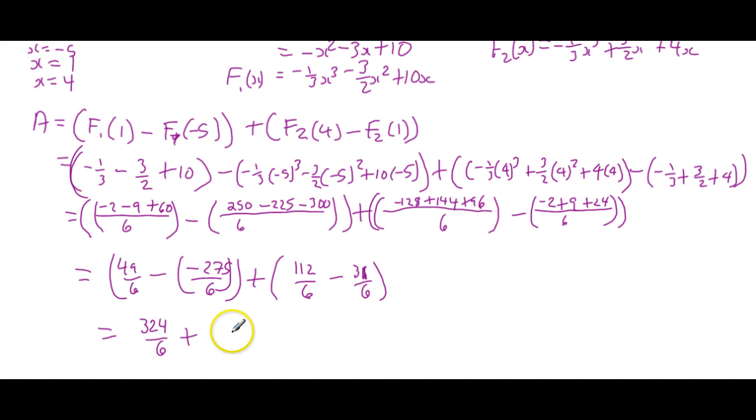Okay, so 112 minus 31: 112 minus 30 is 82, minus 1 is 81. 81 over 6, which is equal to, we got a 5, so 405 over 6, which reduces to, what are they divisible by? 3? 135 over 2, or 67.5, right?